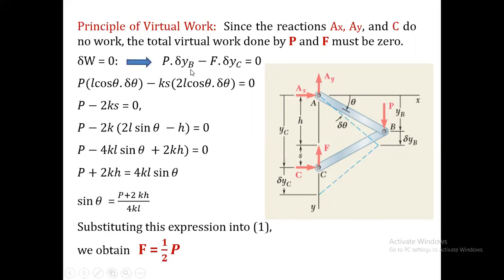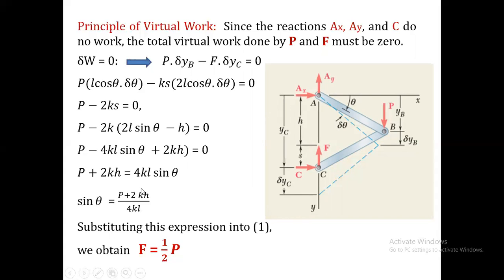We have already computed delta YB and delta YC. We know F, and P is obviously a given parameter. By solving, we get the relationship that sine theta must be equal to (P plus 2kH) divided by 4kL. Everything is known.